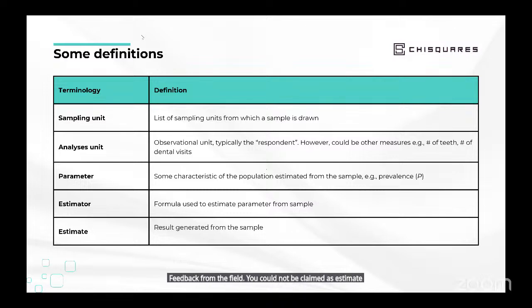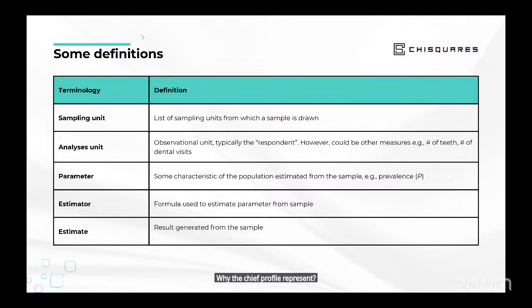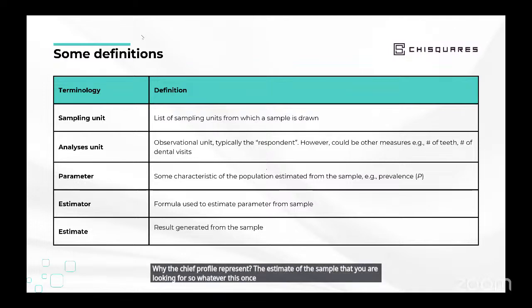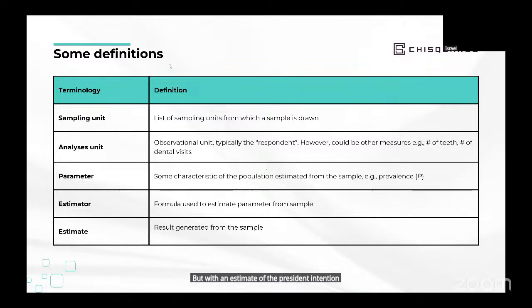In this sense, when we say the president and the chief of staff, the president is the population, while the chief of staff represents the estimate of the sample that you are looking for. If you are collecting the statement of the chief of staff, you may not get 100% of what the president actually meant, but it could be an estimate of the president's intention.